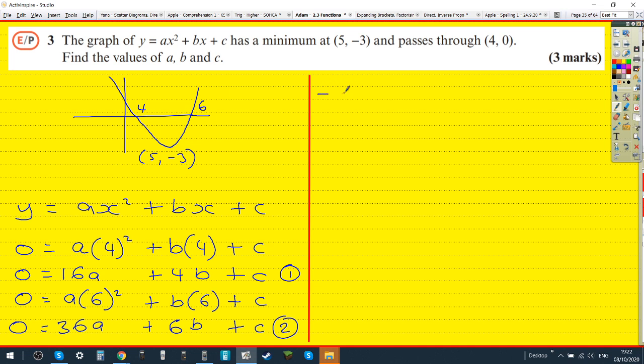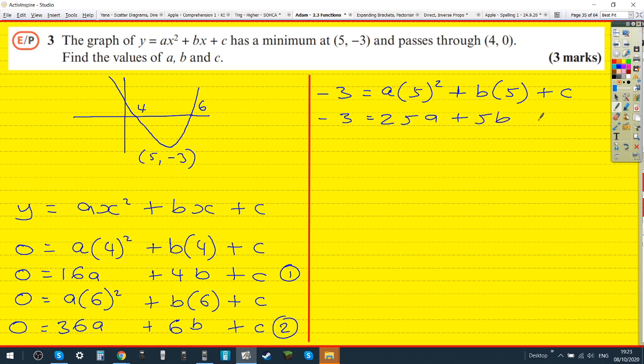Yeah. So we'd use minus 3 equals a times 5 squared plus b times 5 plus c. Oh right, that makes sense now. So minus 3 equals 25a plus 5b plus c.